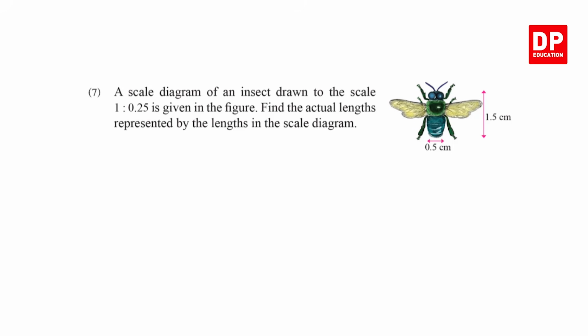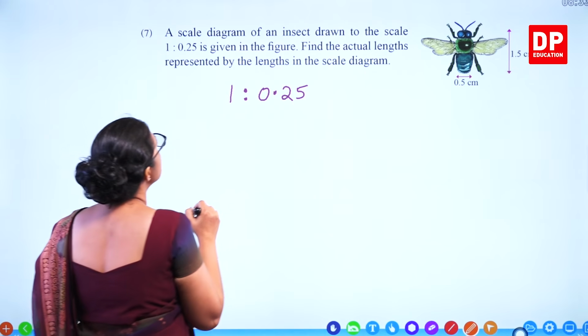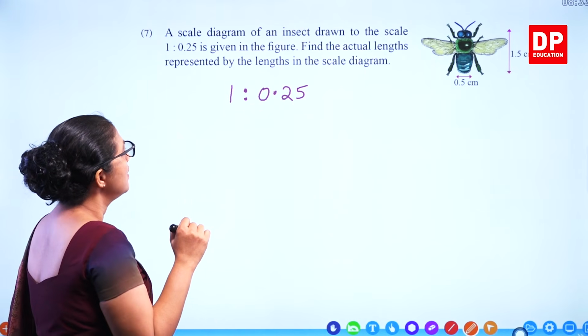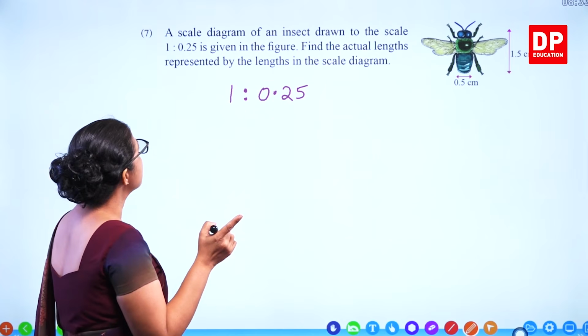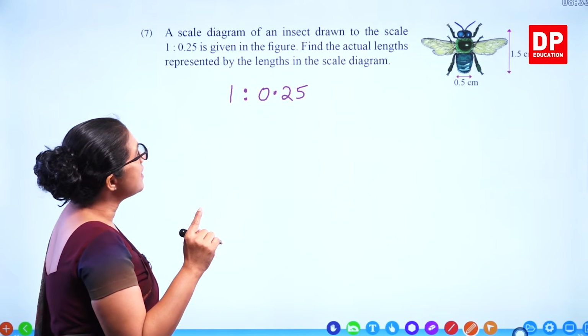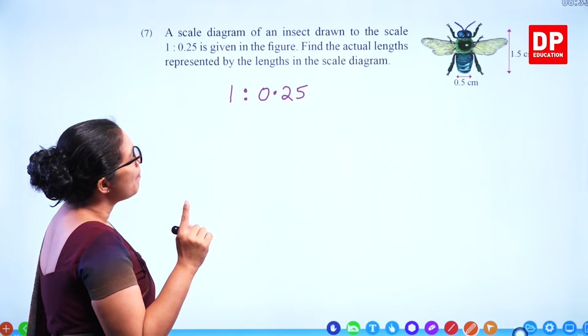A scale diagram of an insect drawn to the scale 1 to 0.25 is given in the figure. Find the actual lengths represented by the lengths in the scale diagram. 0.5.